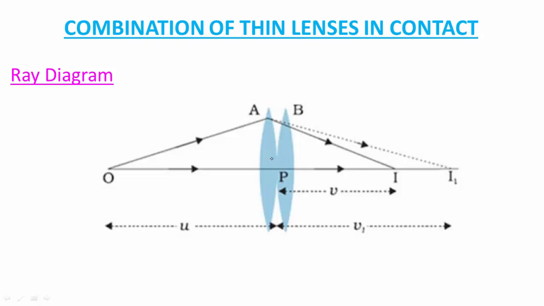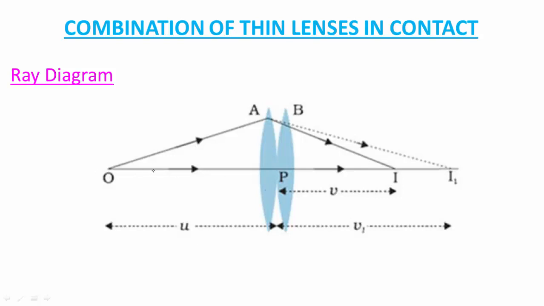We already know that a convex lens is also called a converging lens because after refraction converging of light takes place and it gives a real image of the object. So I consider two lenses A and B which are coaxially in contact.